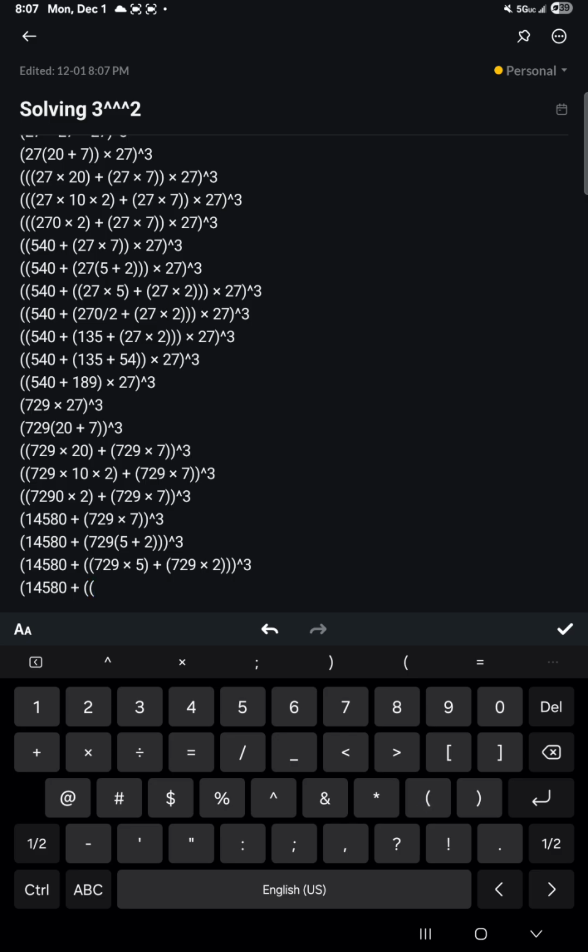Now, as I mentioned earlier, 5 is half of 10. So let's just divide. Multiplying a number by 5 is the same as multiplying a number by 10 and then dividing by 2.